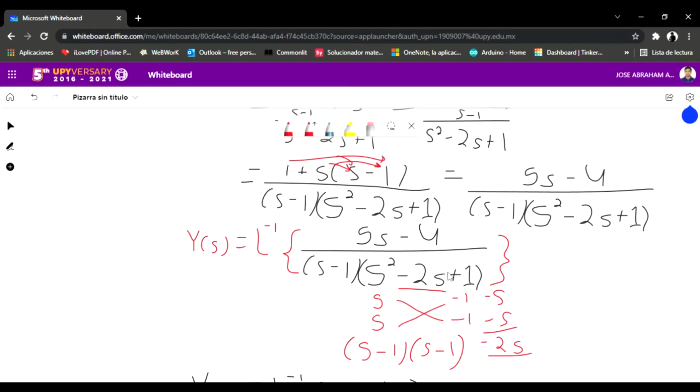So then we can factorize this s squared minus 2s plus 1.